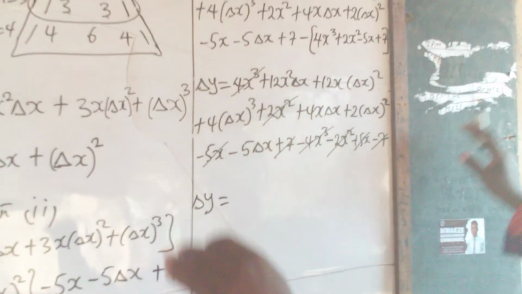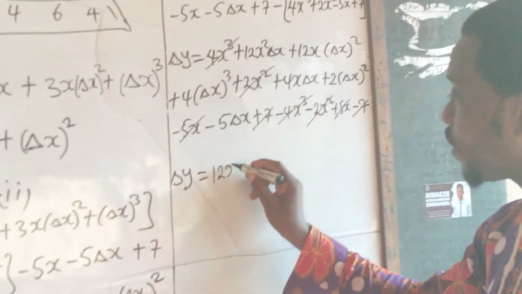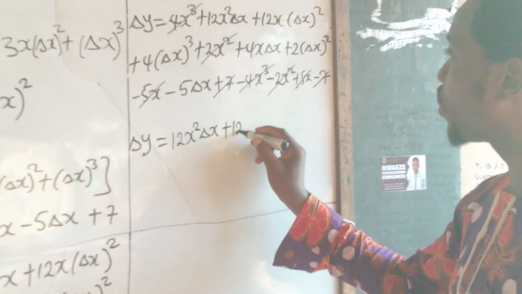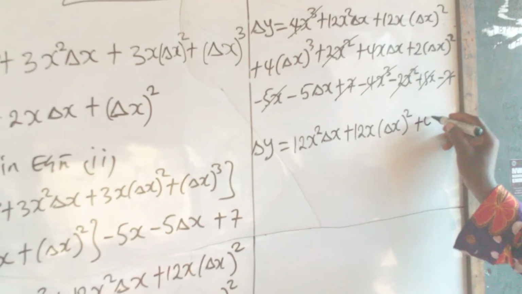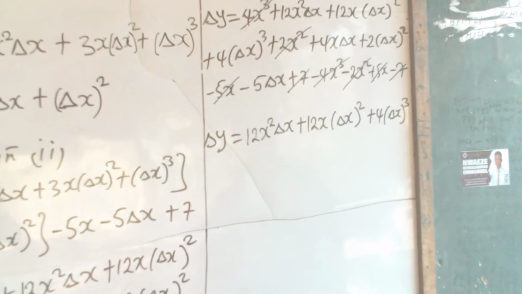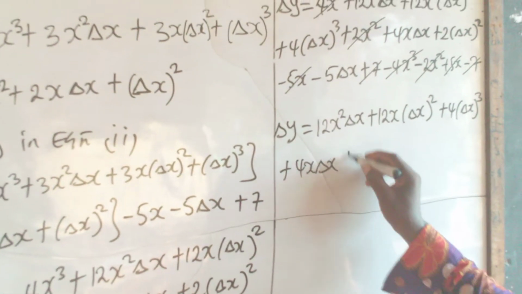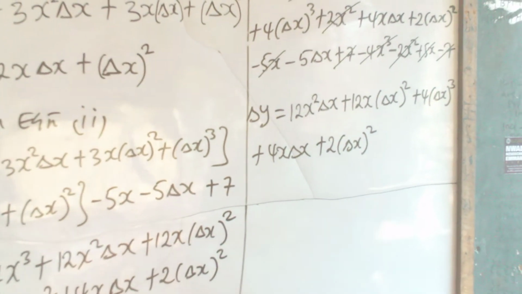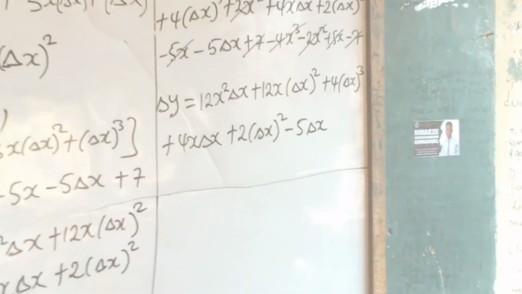So this big expression is now reduced to what? 12s raised to the power 2 change in s plus 12s change in s raised to the power 2 plus 4 into change in s raised to the power 3 plus 4s change in s plus 2 into change in s raised to the power 2 minus 5 change in s. So this is what you have.